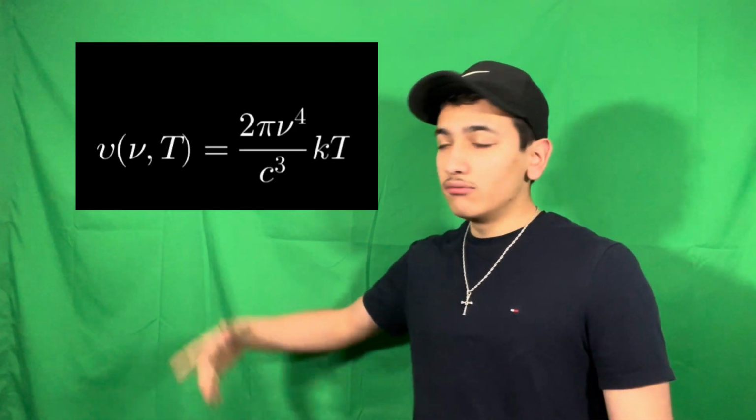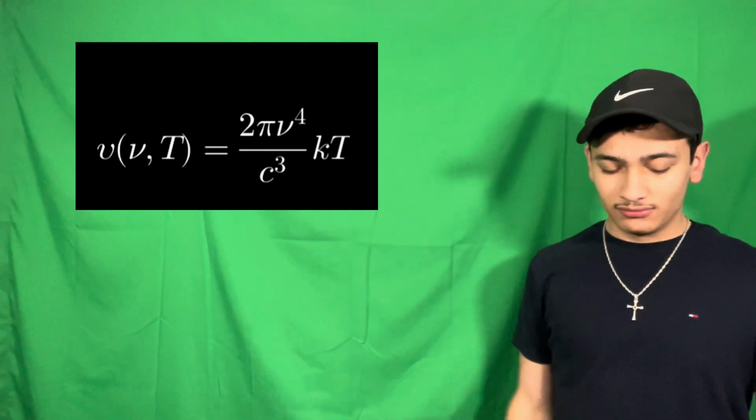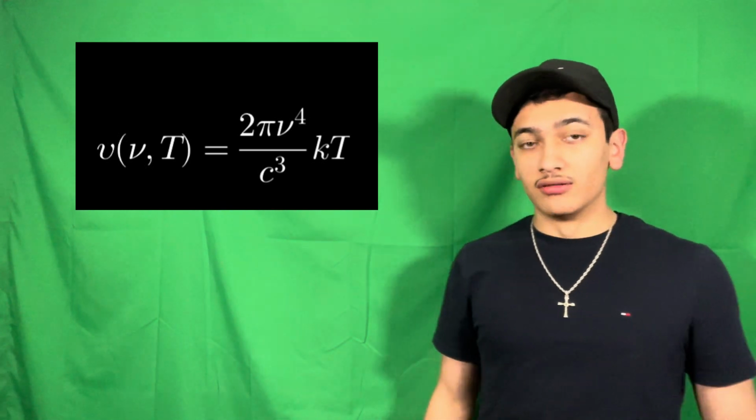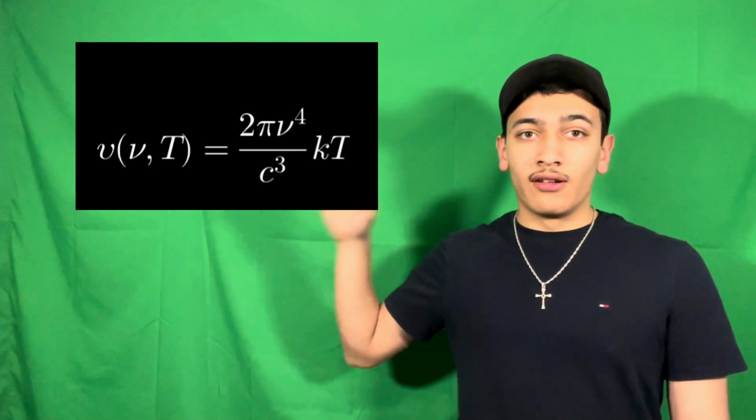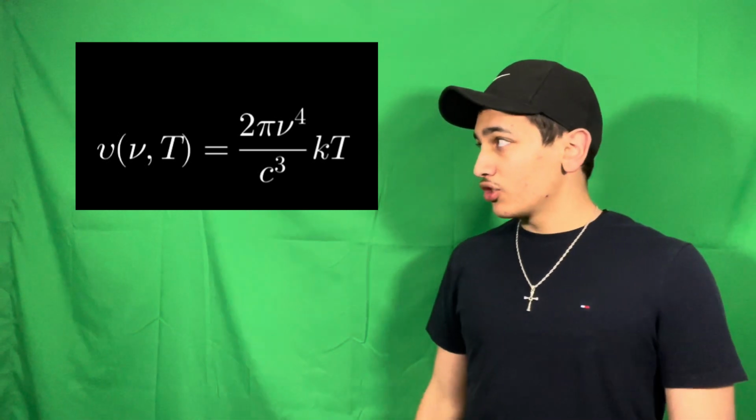Too bad, so sad. But then Rayleigh-Jeans, whoever they are, came up with the law right there. And they came up with it in 1900, apparently. And it's the same thing, same function.